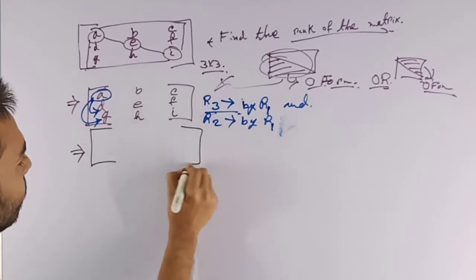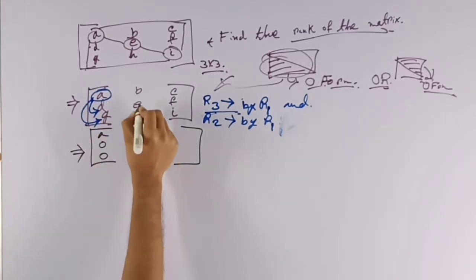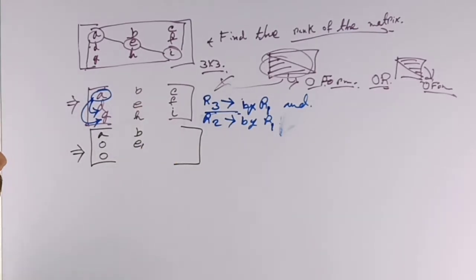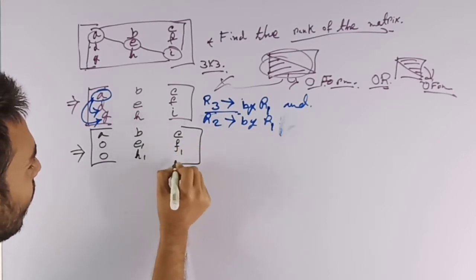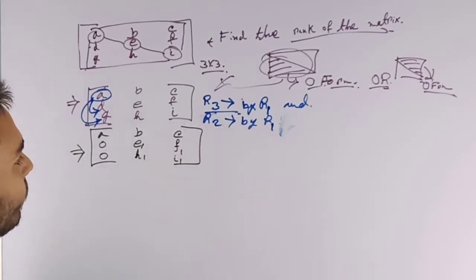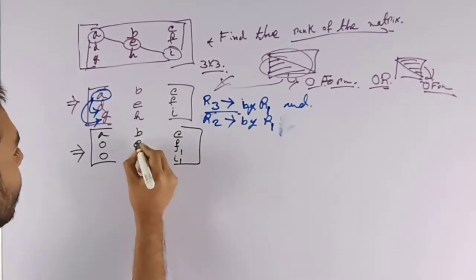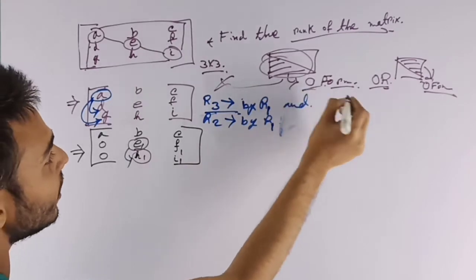So we get the 0 0 form, and a. B is not changing, so I write e1 and h1, and c, f1 and i1. Now working with this, h1 is interchanged by e1, and h1 becomes the 0 form.